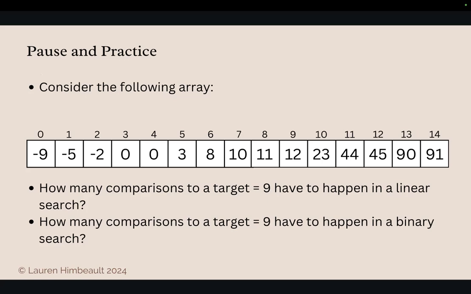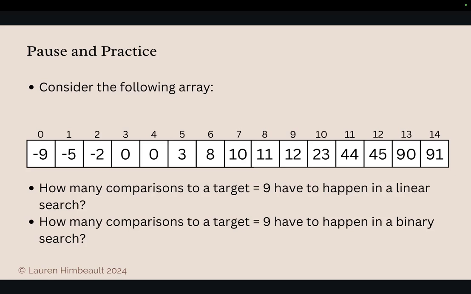So here is a sorted array. How many comparisons would we need to do with a target value 9 in this array for a linear search? So how many times are we actually going to do our comparisons for a linear search? Now, linear search does not assume any form of order. So it will go through this whole array based off of our linear search that we programmed, looking for 9, and it keeps going.